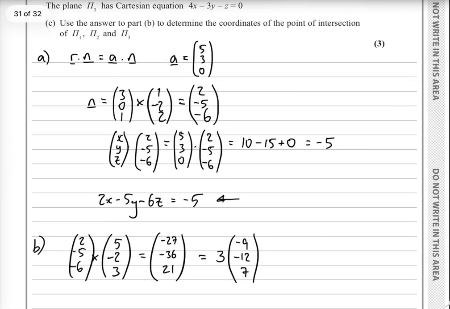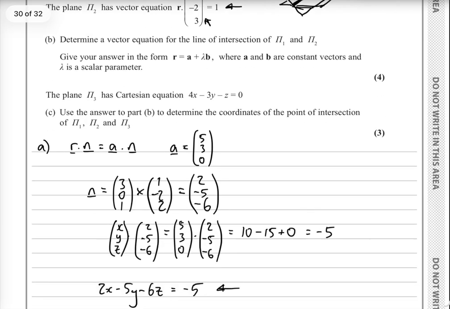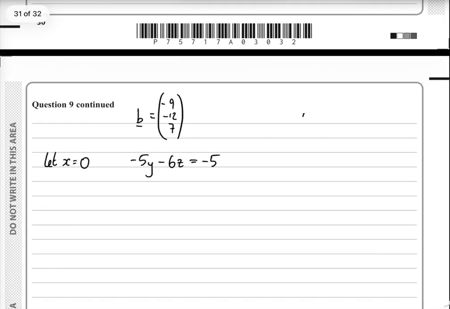And at that same point, this other equation, pi 2, is 5x minus 2y plus 3z equals 1. So assuming there is a point on both of them where x equals 0, that would make this equation for pi 2: minus 2y plus 3z equals 1.